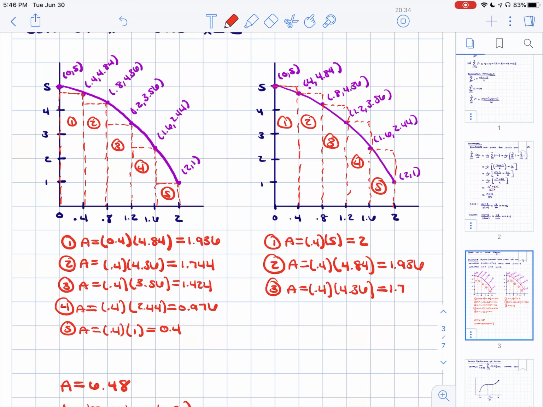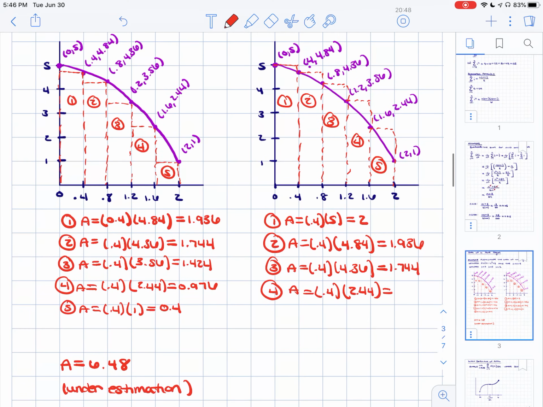And that gives us 1.744. Fourth rectangle, 0.4 times 2.44, and that would give us an area of 1.424.